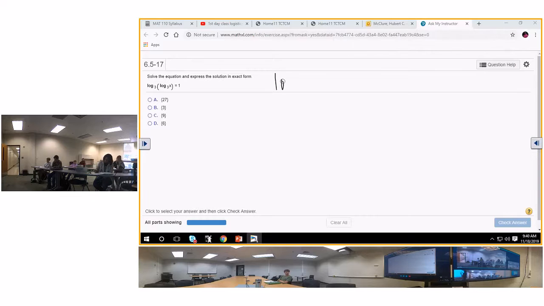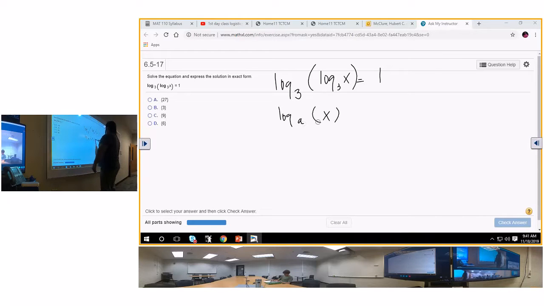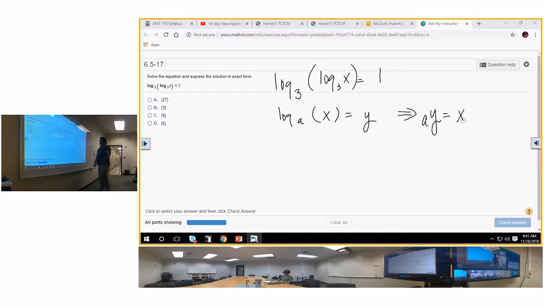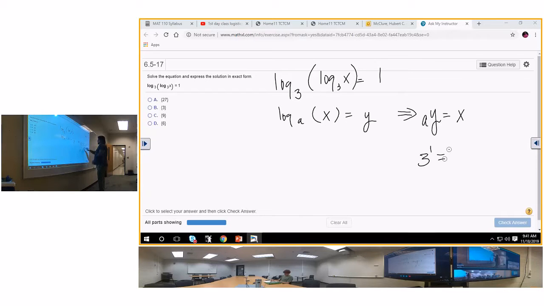Log base a of x is equal to y, and that gives us a to the y is equal to x. So a is 3, 3 to the 1 is equal to log base 3 of x.